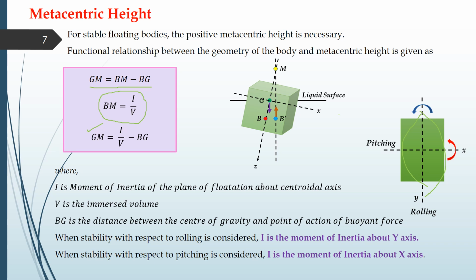So when we are talking about stability with respect to rolling, we are talking about stability with respect to the y-axis. Rolling means it is around the y-axis. In that case, the moment of inertia about the y-axis should be considered. So we will take into consideration the moment of inertia Iy if we are talking about stability with respect to rolling.